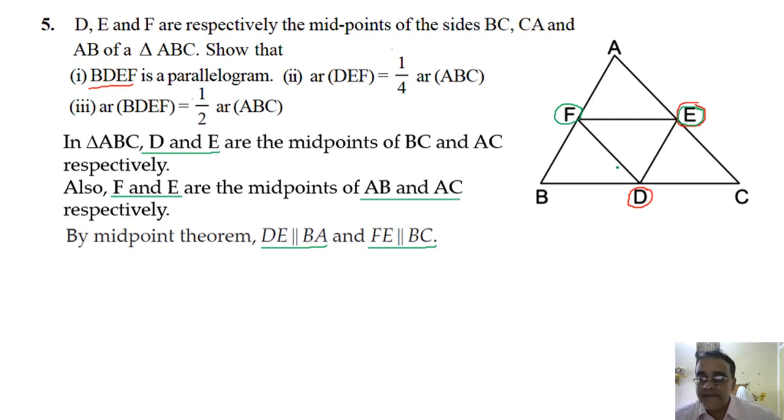Now see carefully. BF is a part of AB, so in place of BA we can write BF. Similarly, BD is a part of BC, so in place of BC we can write BD. This is clear to all of you?